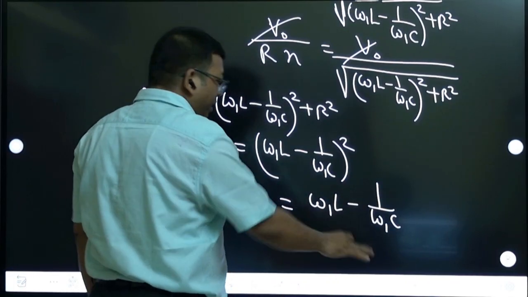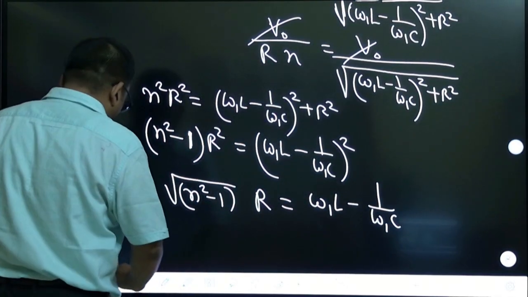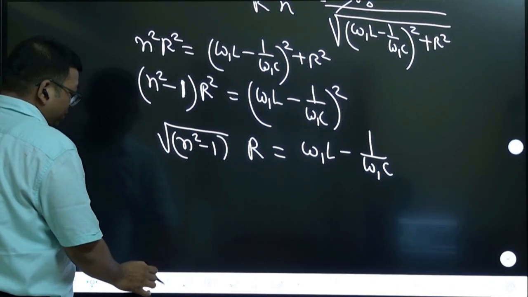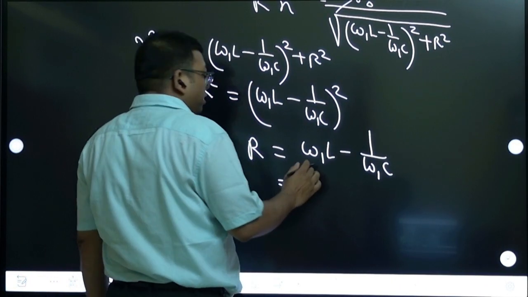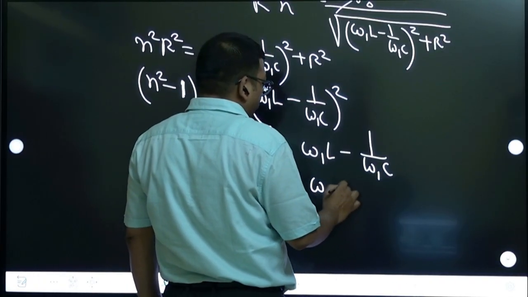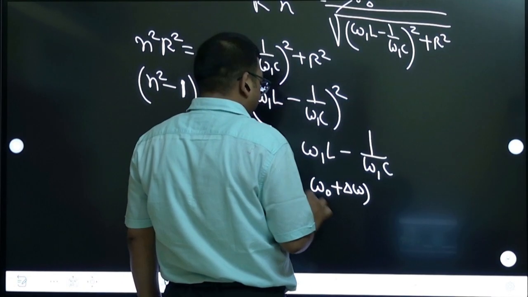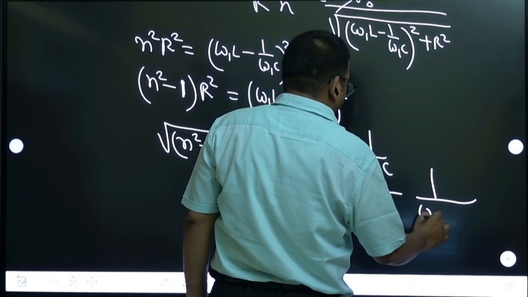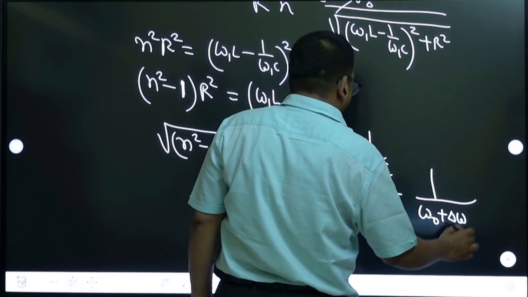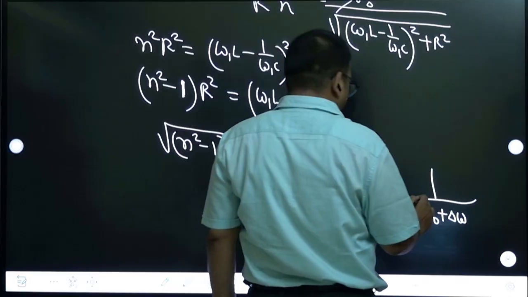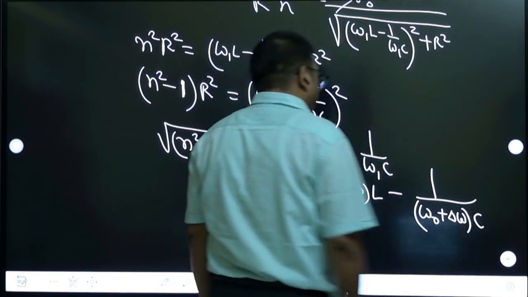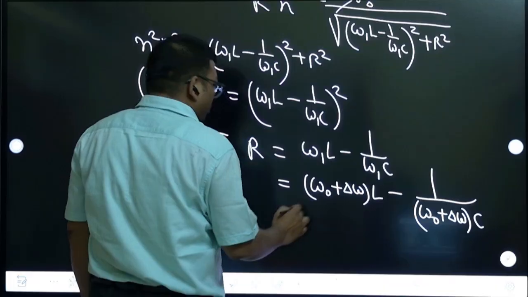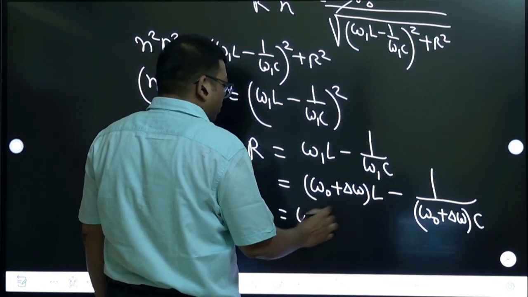Now let us solve the right side. This omega 1 I will write as omega naught plus delta omega. Here omega 1 I will write as omega naught plus delta omega; or you can write minus also, it is your choice. Now I will take omega naught common from here, with this L also.